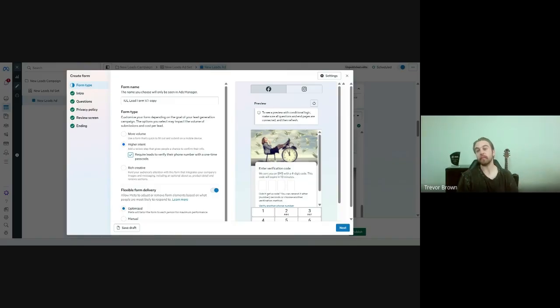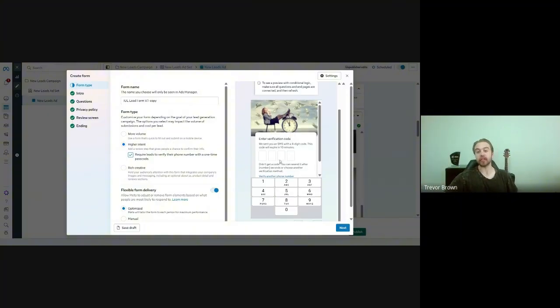The downside with Advantage Plus campaigns is that 3 months down the line, 6 months down the line, it's going to change the definition slightly of what your ICP is in order to maximize the number of conversions. But they won't tell you when they do that. The second thing as well is the questions.